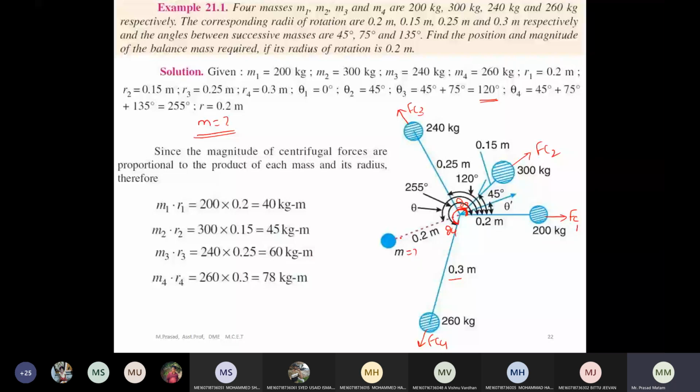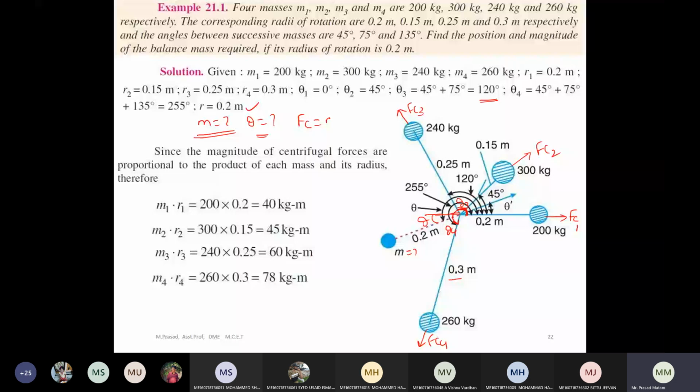R is already given as 0.2 meter, the position of the balancing mass radius. Now I am supposed to find out the magnitude of mass m and the angle made by this balancing mass. Since the magnitude of centrifugal force is proportional to the product of each mass and its radius, whatever force I am getting here is proportional to its m into r.